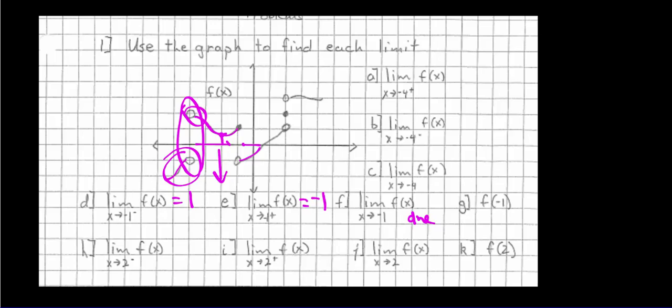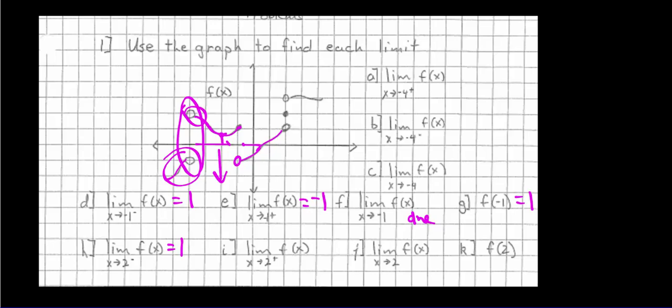Now, as far as the function value, here you've got an open circle and here you've got a closed circle. So that's what the function value is. The function value is 1. Now, you look over here at 2. If you're approaching 2 from the left, you're on this curve right here, and you notice that's going to be 1.